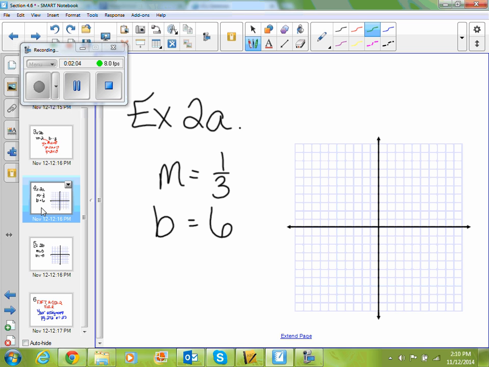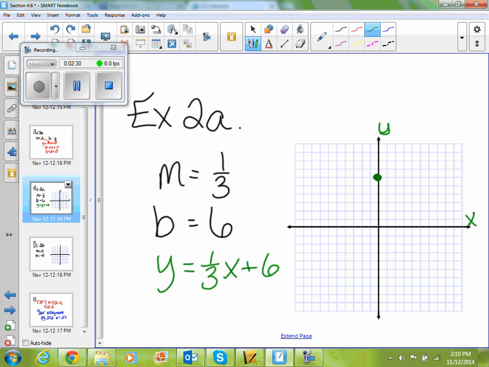So we're told that my m is 1/3, so my slope is 1/3, and my y-intercept is 6. So my equation is going to be y equals 1/3 x plus 6. You do have to write the equation, but then we're going to graph it. In order to graph it, I have my two pieces of information that I need. I know that my y-intercept is 6. So on my y-axis, I'm going to go up to 6, and I'm going to put a point.